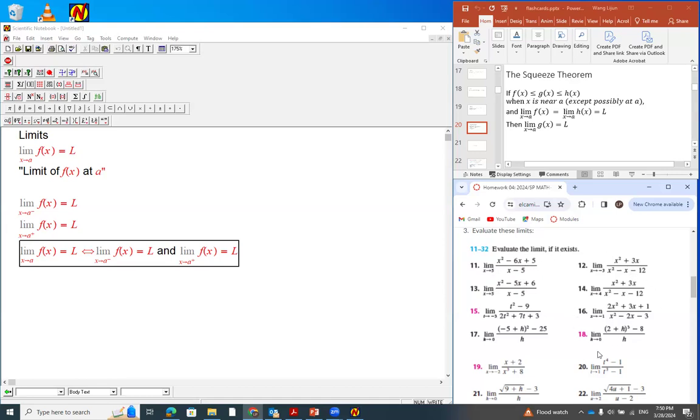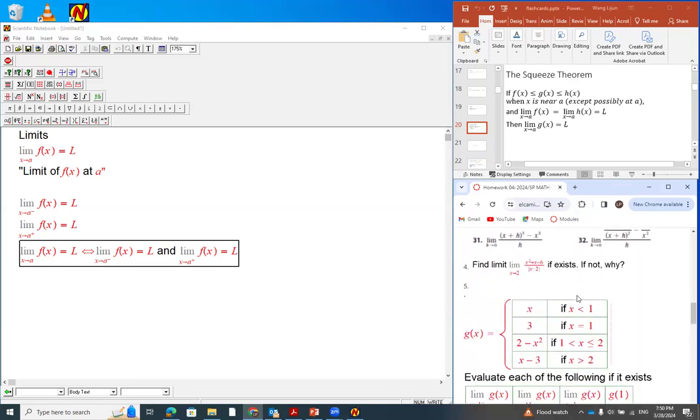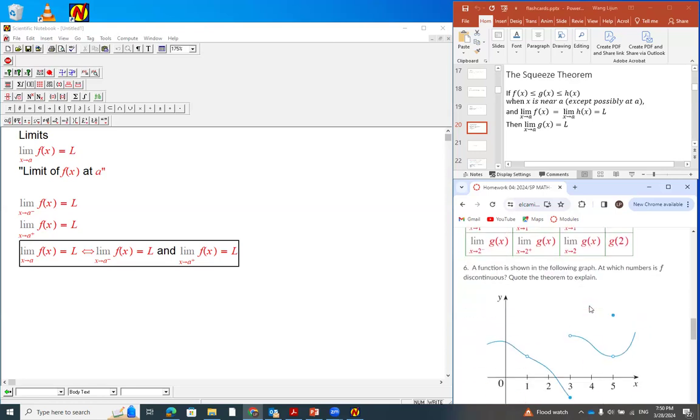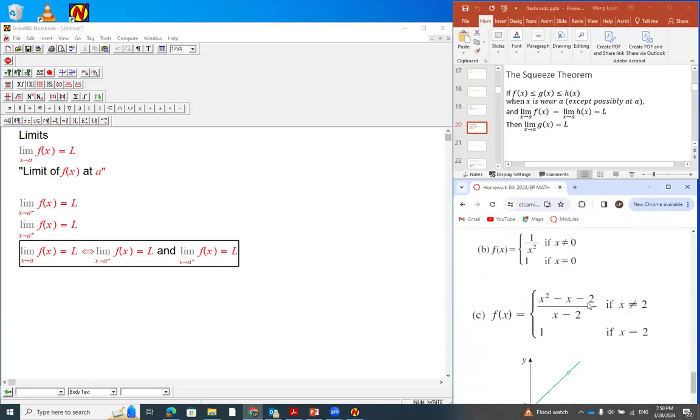Most of them we cannot do with limit law, and you need to do some reducing and algebraic manipulation before we can use limit law in some cases. Number 4 here is very typical: you have to consider the limit from left or from right. So these are the exercises. They are focused on the concept.